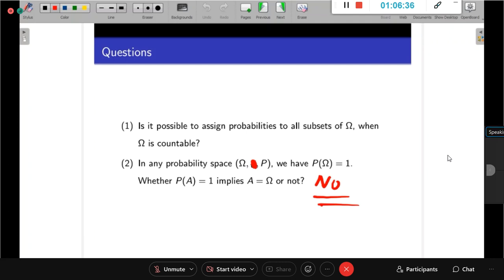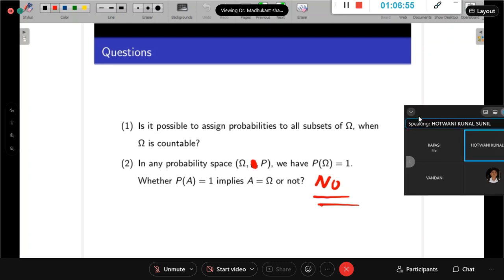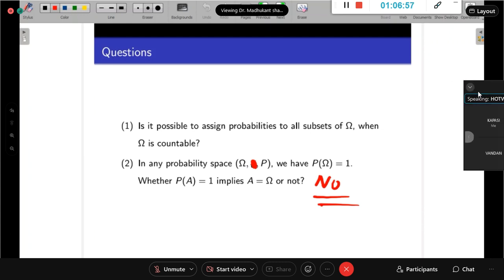But if the P of B is 0 and then we take out B. How can you take B as exclusive from omega? B is a subset of omega, and P of B is 0. So omega is exhaustive.